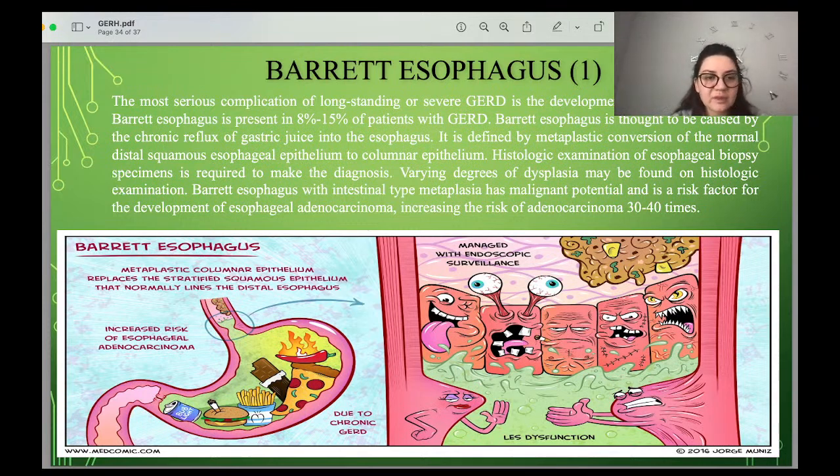Here you see the first picture with risk factors for GERD, esophagitis, and Barrett's esophagus, and the second, you see metaplasia from good squamous esophageal epithelium to metaplastic epithelium at the esophagogastric junction on that line.